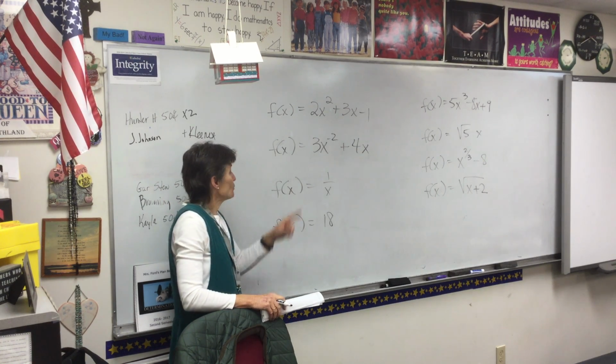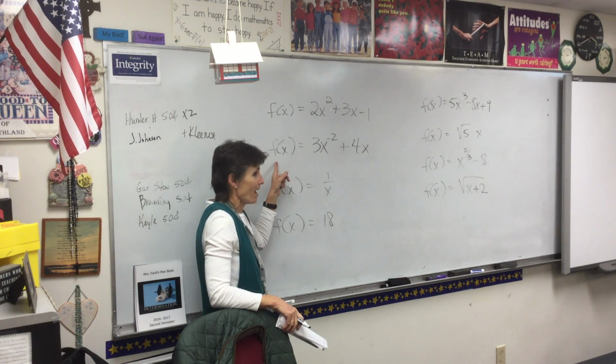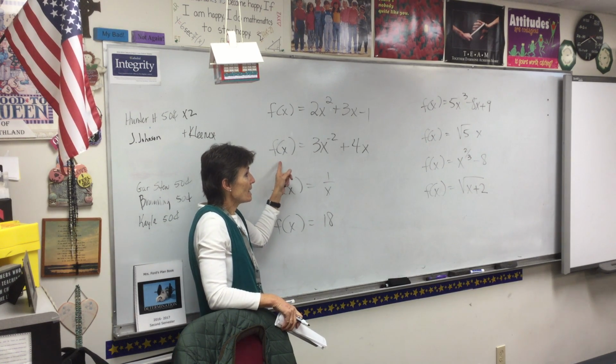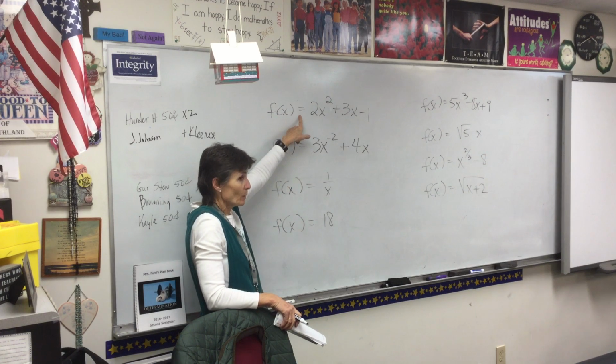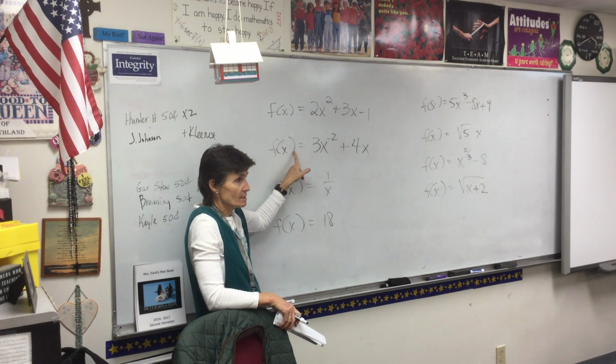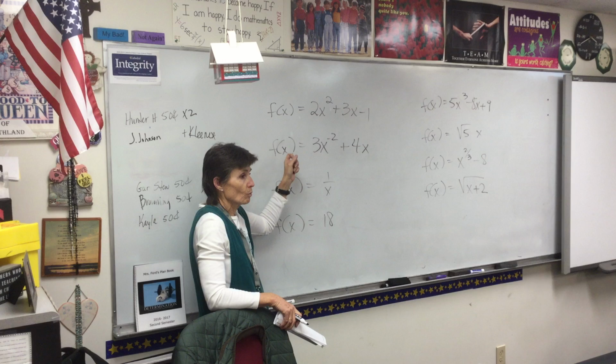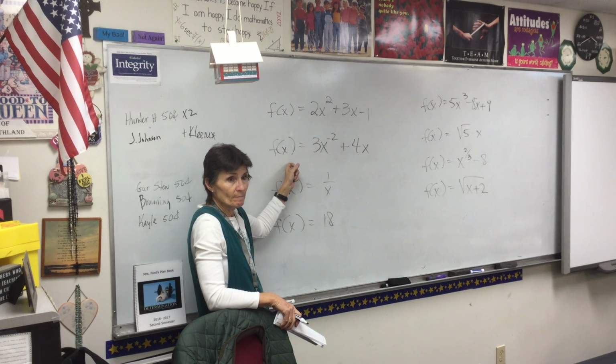I am going to tell you that this one is not. Can anybody look at these two problems? This one is, this one's not. What is wrong with this one? Logan? It doesn't have a whole number at the end.